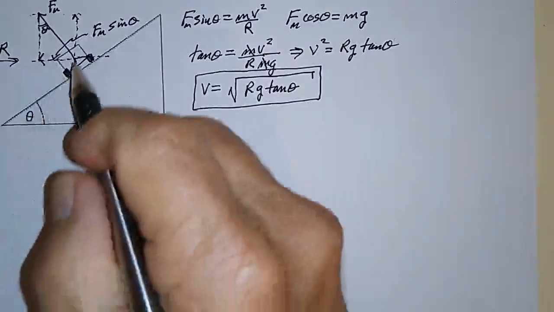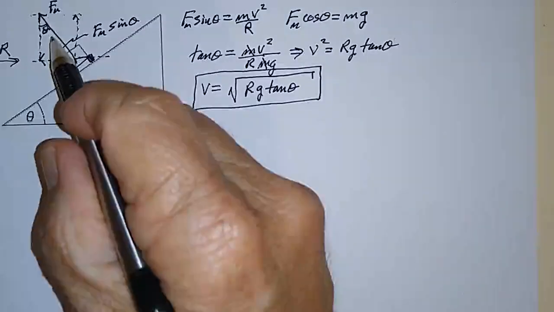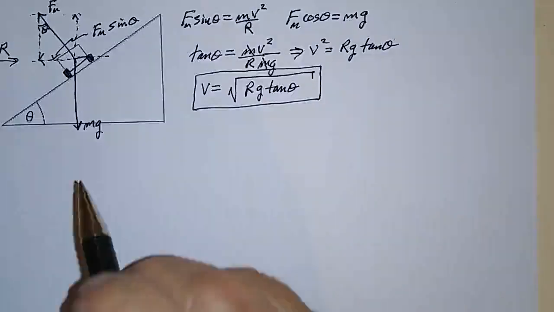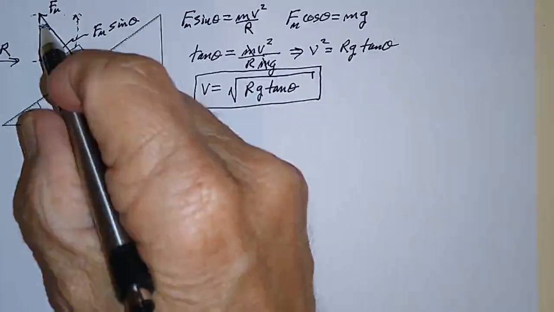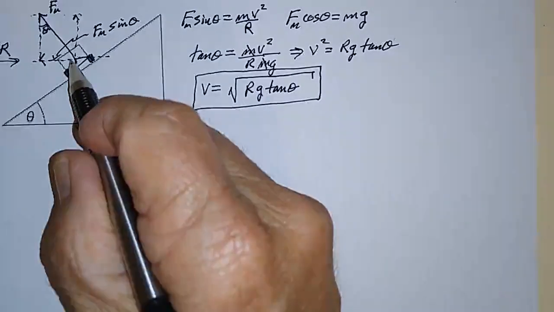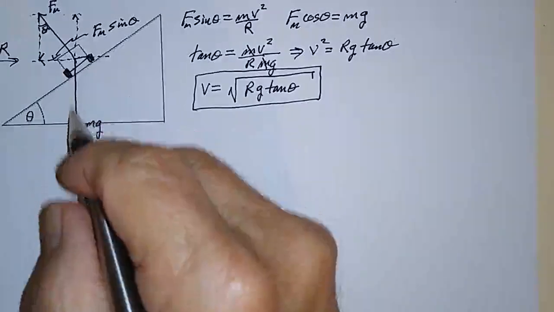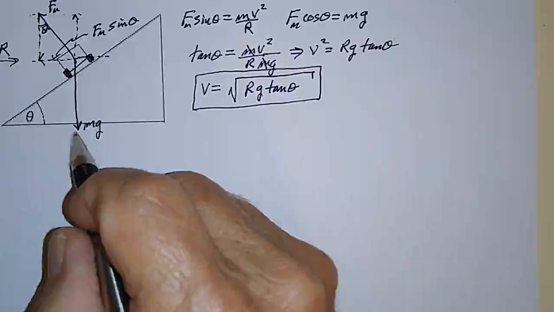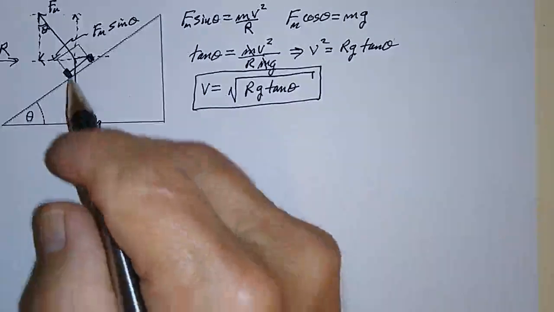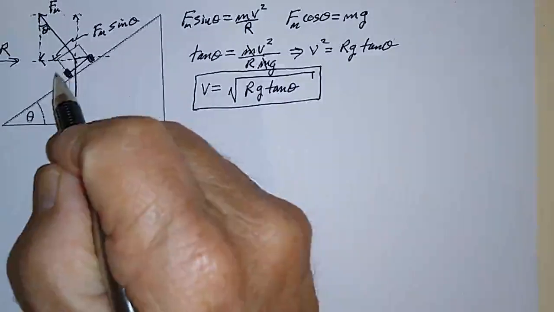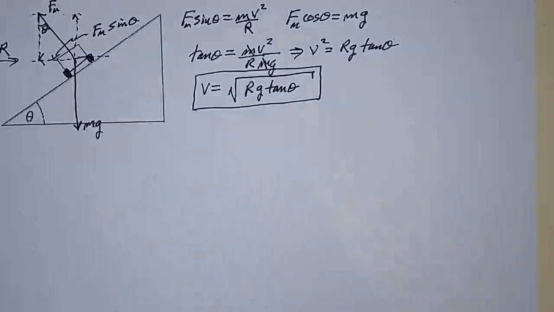And similarly, if I don't go as fast as this speed, then the normal force is going to be less than this, so therefore the vertical component will not offset the weight, which is kind of the way I have it drawn here, and this thing will slip down the plane.